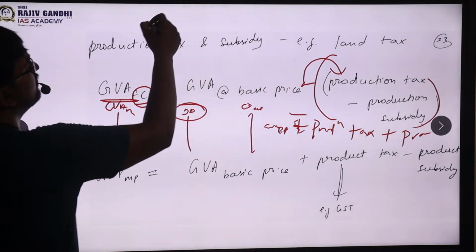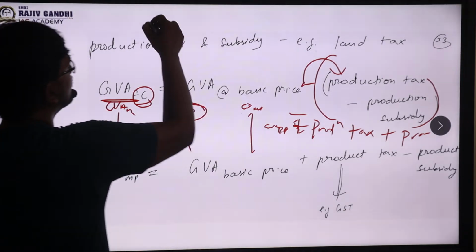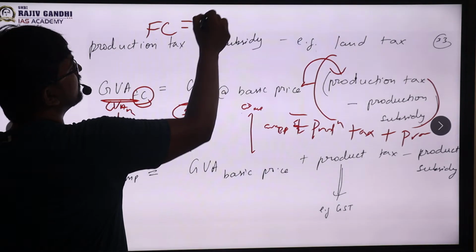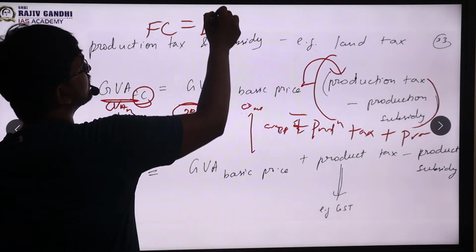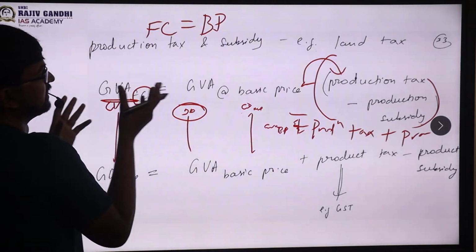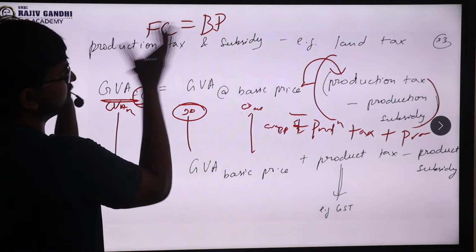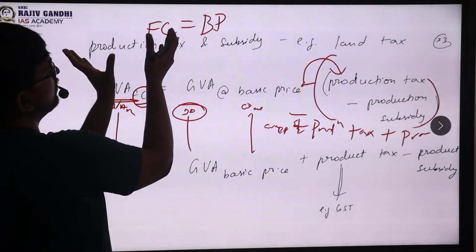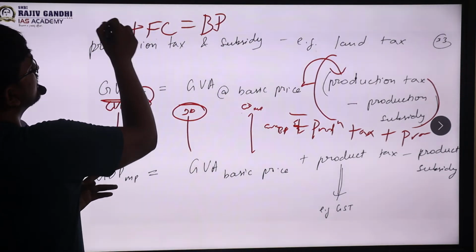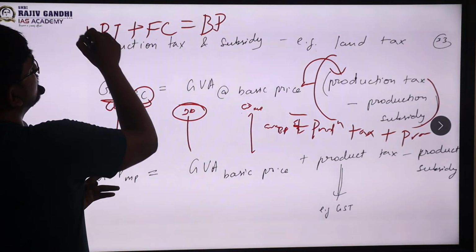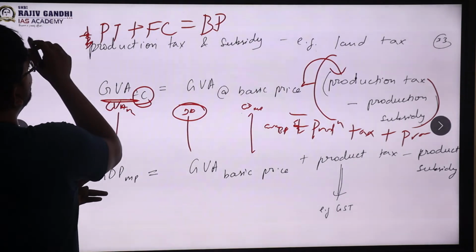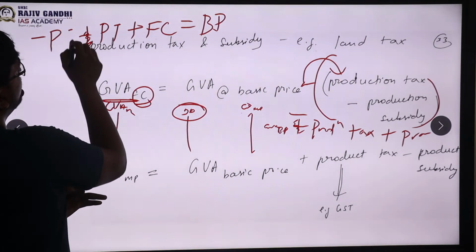So to put it simply, we are essentially doing the same thing like what we did for factor cost and market price. Similarly for factor cost and basic price also we are doing the same. Let's take an example, this will be much clearer because you have already done it. You are moving from factor cost to basic price. That means what? You will be adding production tax and you will be removing production subsidy.